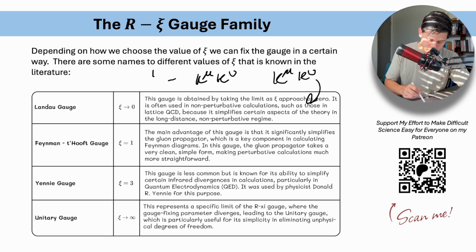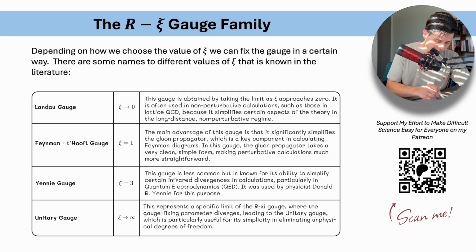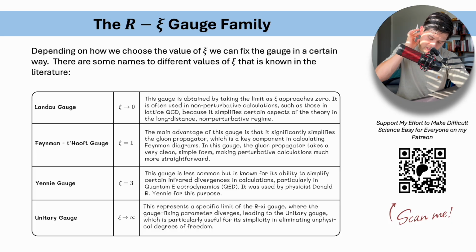Okay, so we have that going for us for the Feynman-'t Hooft gauge. This is a key component in calculating Feynman diagrams. In this gauge, the gluon propagator takes a very clean, simple form, making the perturbative calculations much more straightforward, again because that latter term goes to 0.